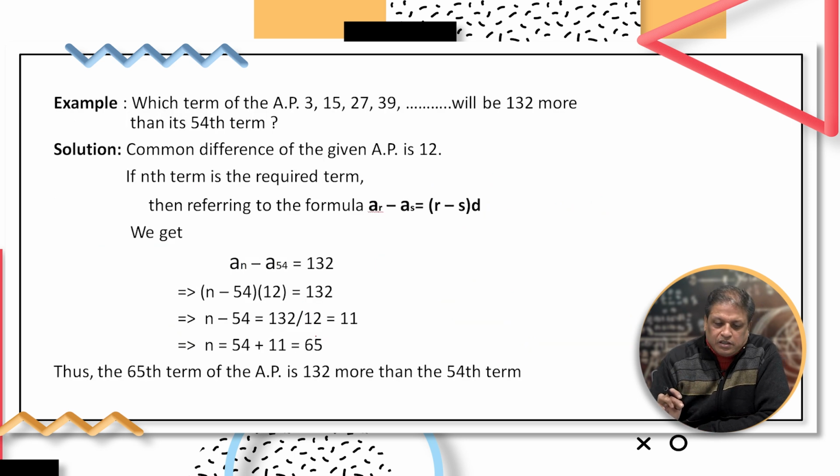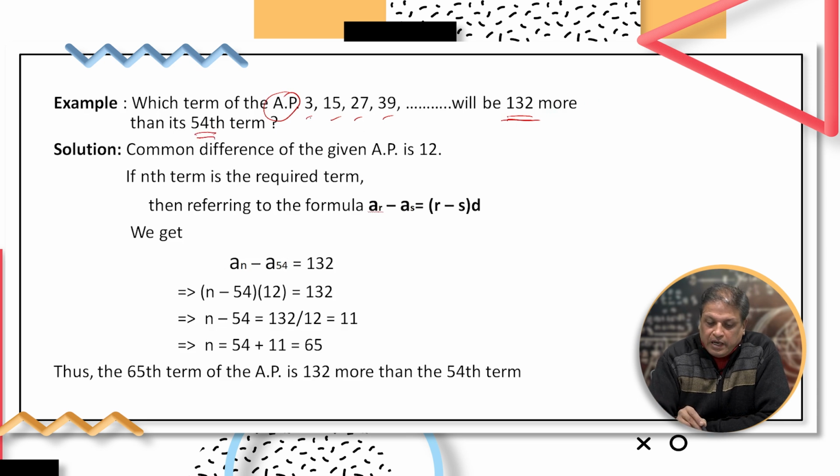So let's apply the understanding of this formula by solving a numerical problem. The example is: which term of the arithmetic progression 3, 15, 27, 39 will be 132 more than the 54th term?